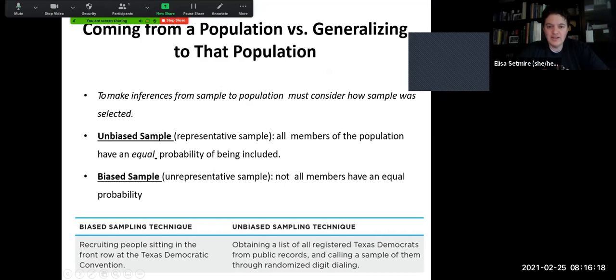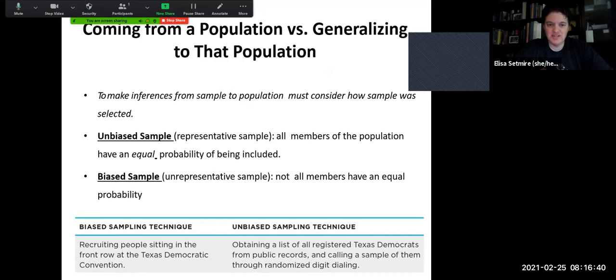So when we're trying to make inferences from a sample to a population, it's really important to think about how the sample was selected. If we want to be able to take a smaller group of people and then from those people generalize to a larger group and to the entire population, we have to make sure that we select a sample in a very unbiased way.